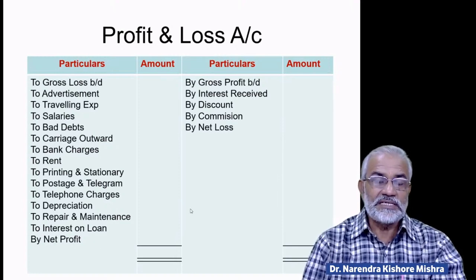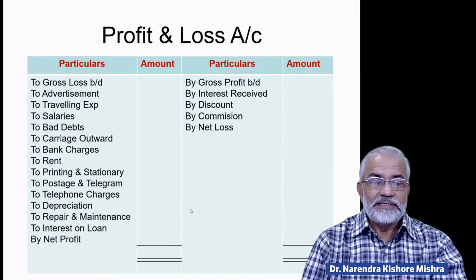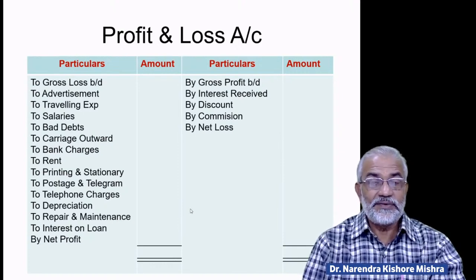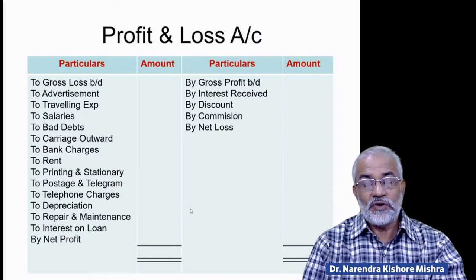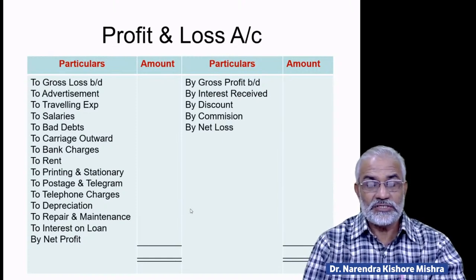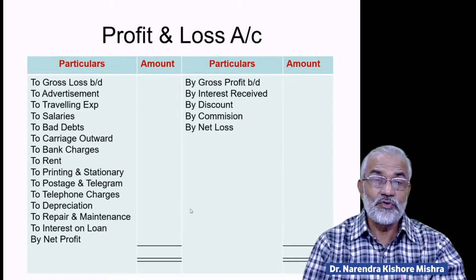For passing the entry for gross profit or gross loss, the entry for gross profit would be trading account debited to profit and loss account. Truly speaking, there are two sets of entries for gross profit and also two sets of entries for gross loss. But if we sum up both the entries, the resultant entry would be trading account debited.